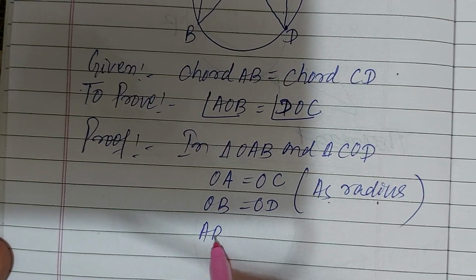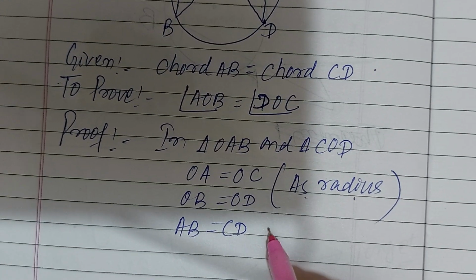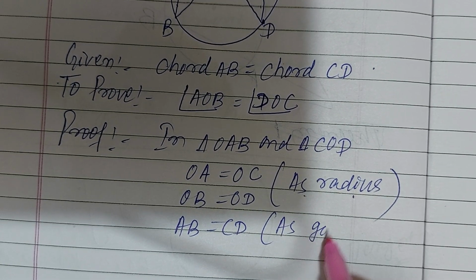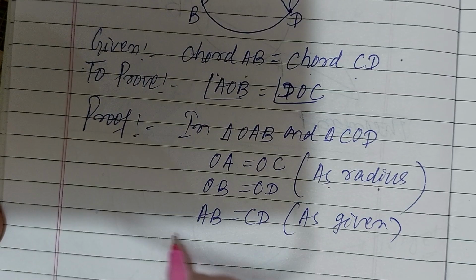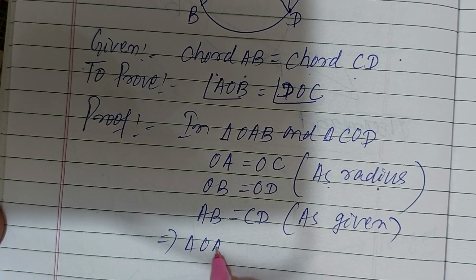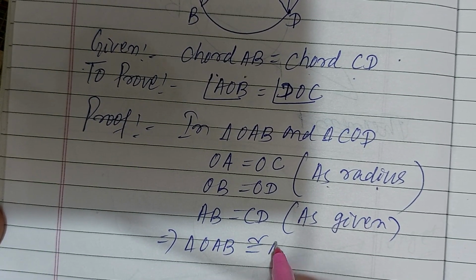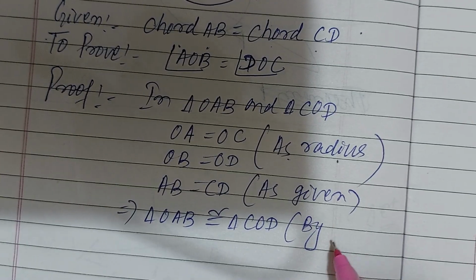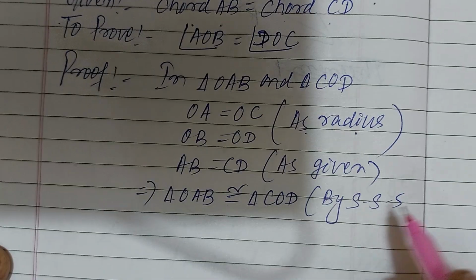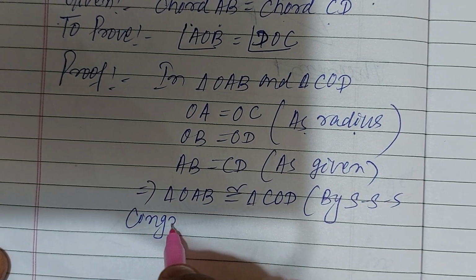And AB is equal to CD. Equal chords are already given here. Chord AB is equal to chord CD. So that implies triangle OAB is congruent to triangle COD by what? SSS congruence rule.